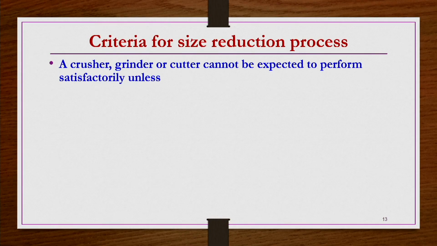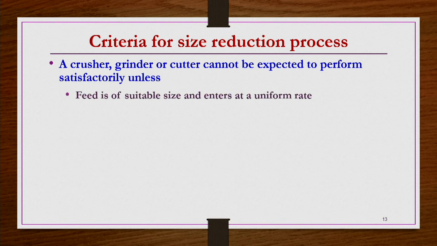Criteria for size reduction process: one must know that the crusher, grinder or cutter cannot be expected to perform satisfactorily unless the feed is of suitable size and enters at a uniform rate.